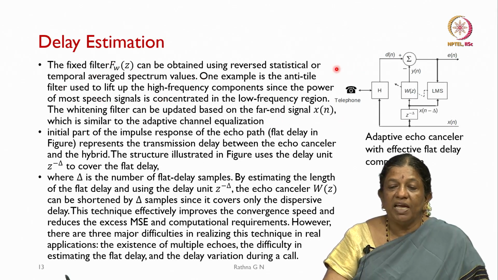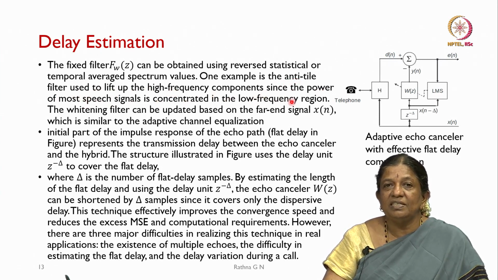What we have is F_W(z), which can be obtained using a reversed statistical or temporal average spectrum value. The example is an anti-tilt filter used to lift up the high frequency component, since the power of most speech signals is concentrated in the low frequency region.